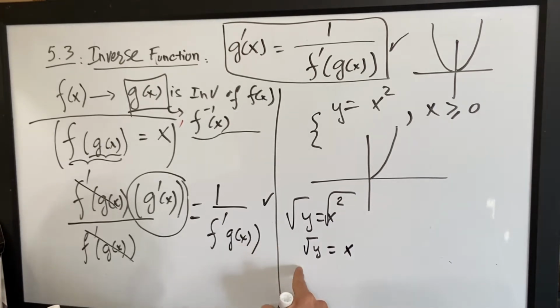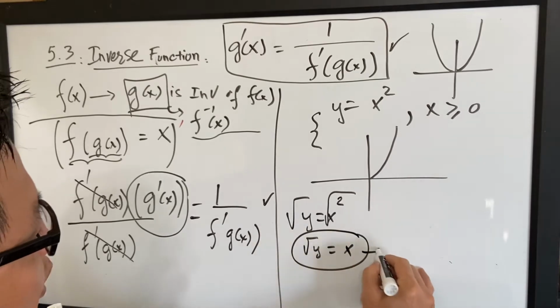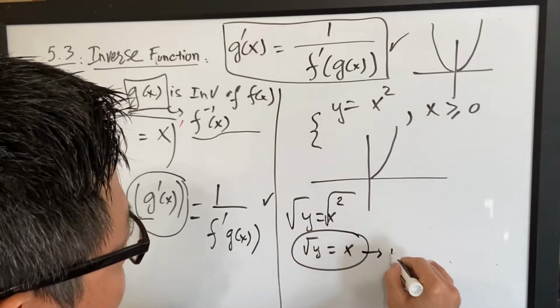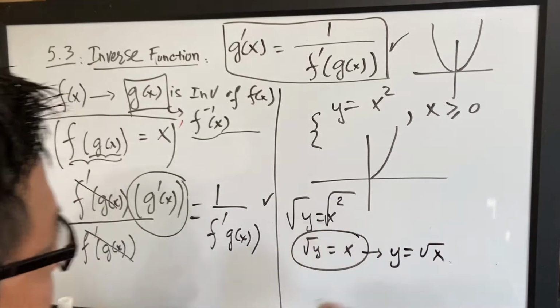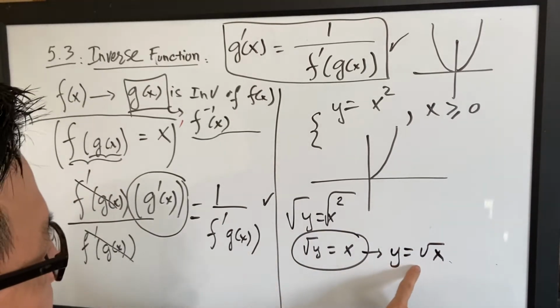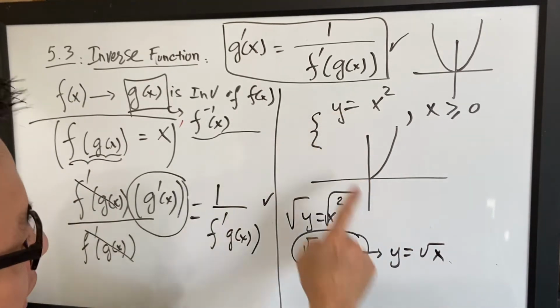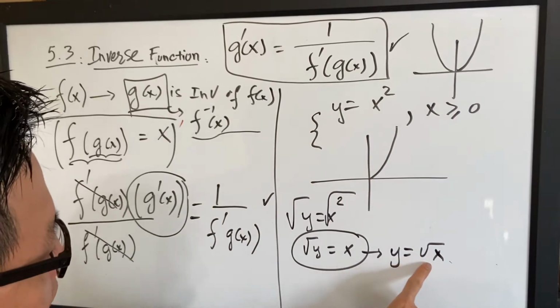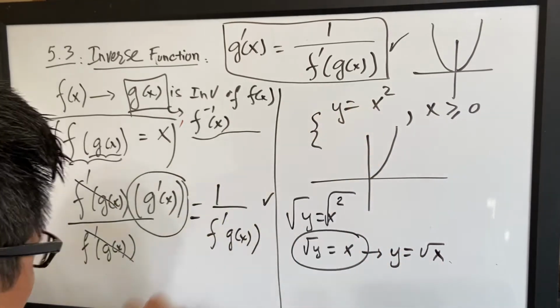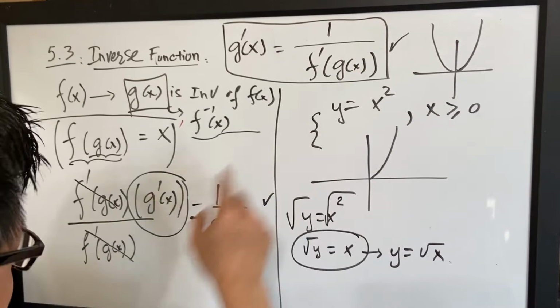So here you have the inverse. Put it back in the form of a function, meaning y equals the square root of x. This is the inverse of y equals x squared.